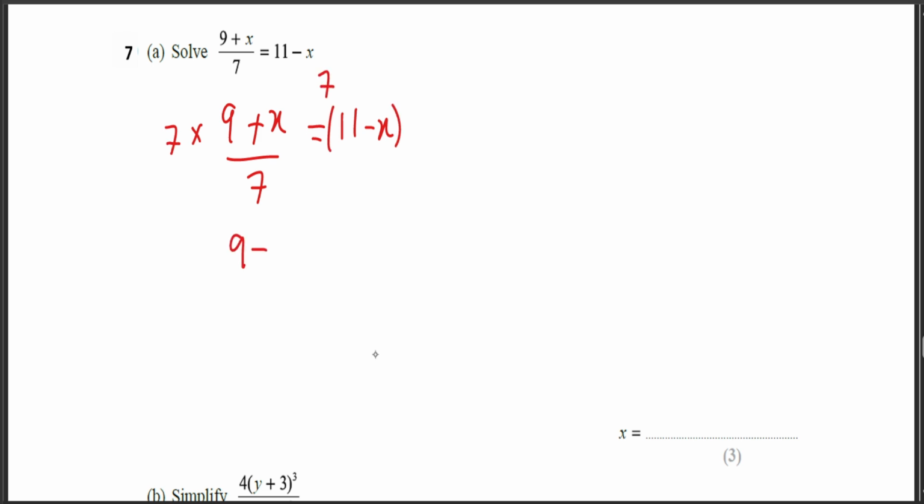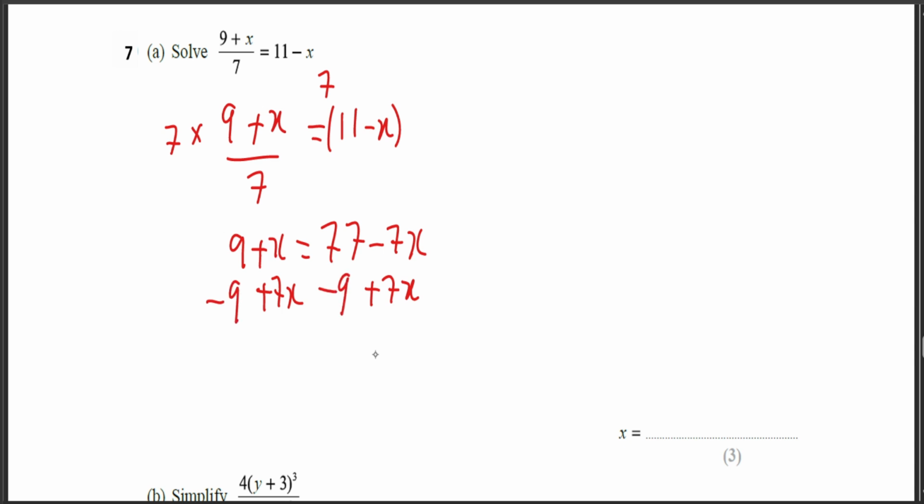So you just remain with 9 plus x is equal to 7 times 11, 77, 7 times negative x, negative 7x. Okay. So now let's bring this 7x to the other side of the equation by adding 7x, 7x. And then let's subtract 9 here and subtract 9 here.